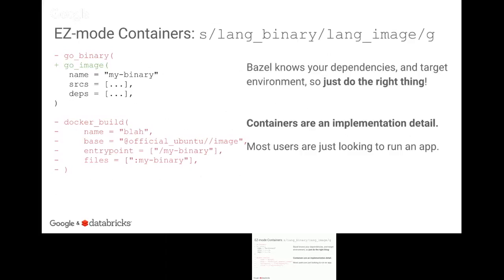If a couple of years ago, before all the hype around containers, you had asked them how we ran things in production, the survey would probably say things like deploy jar and par files and whatnot. I don't know that most Googlers would have jumped right to containers. And so really, they're an implementation detail. They should get out of your way and enable you to do what you're really after, which is just running your app.